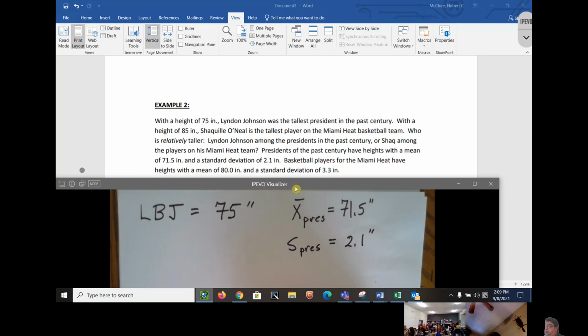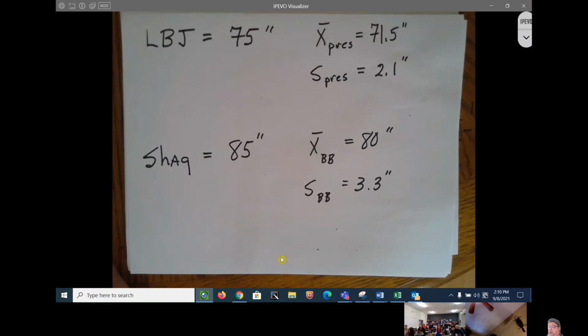And the mean for basketball players is 80 inches. And the standard deviation for basketball players is 3.3 inches. And the question asked, and I'm going to put this in red, the question asked: who is relatively taller?